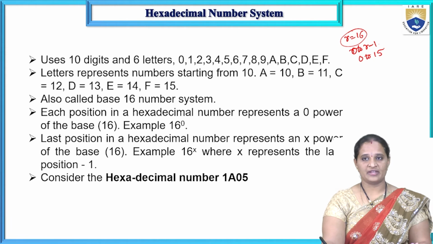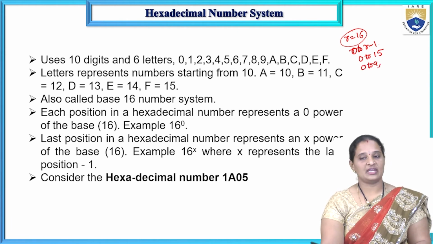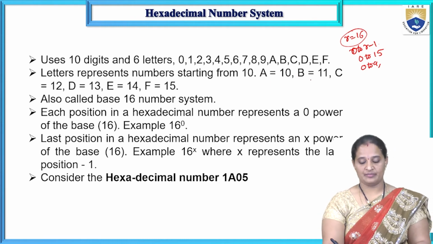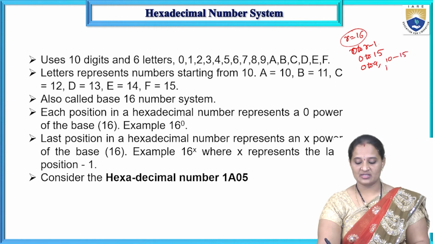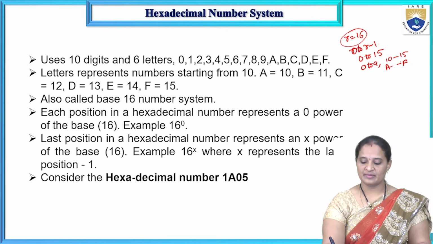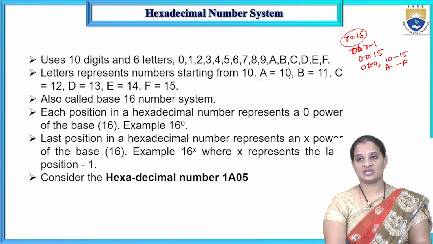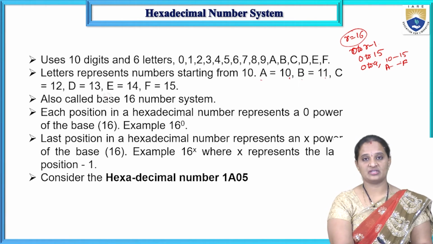Here 0 to 9 are represented as usual, whereas 10 to 15 are represented with capital letters A to F. So A is 10, B is 11, C is 12, D is 13, E is 14 and F is 15.